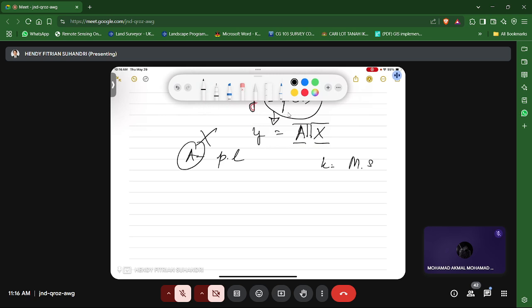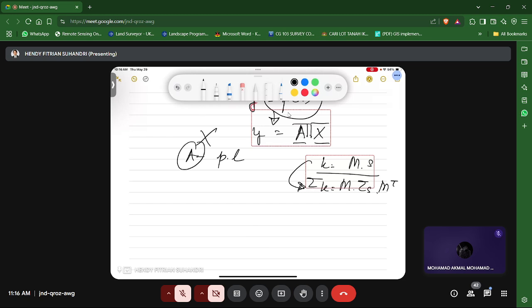Okay, so if we have a linear equation, that means we can write the law of error propagation as sigma k equals m times sigma s times m transpose. This must be the equation.